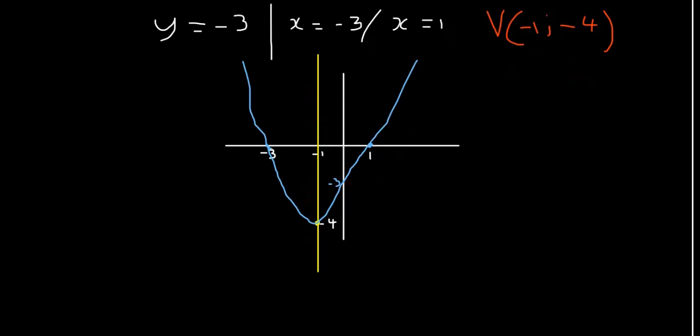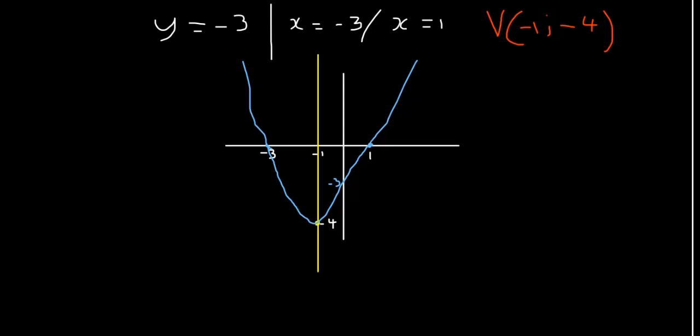But there is another way to plot this graph. I don't want to give you only one method. There is another method we are going to look at. In this method, we won't be using the y-intercept and x-intercepts, but we are going to find the vertex point, and then use a table to find other points where the graph is going to pass through.